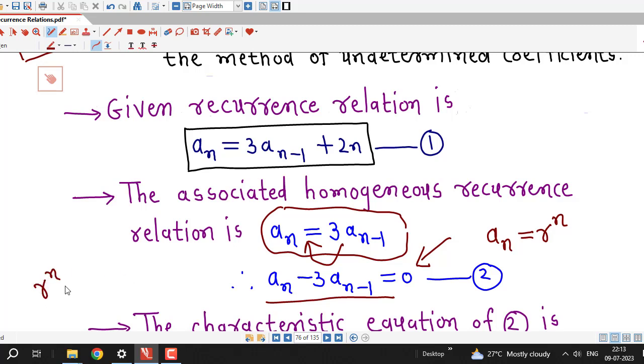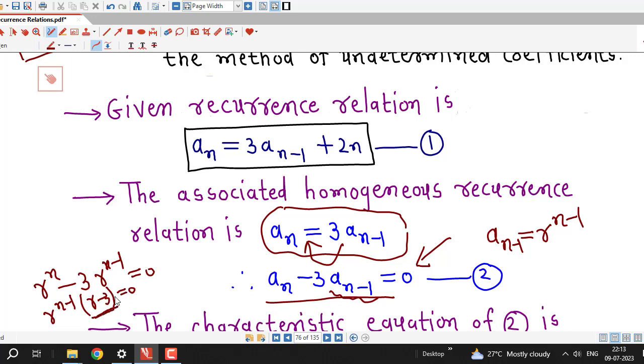So we have r raised to n minus 3 times, if an is r raised to n, an minus 1 is r raised to n minus 1 equal to 0. And if we take r raised to n minus 1 common, then here we are left with r minus 3 equal to 0.